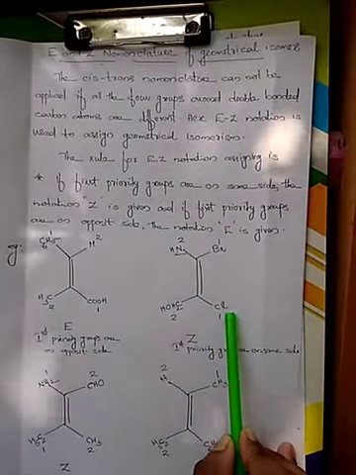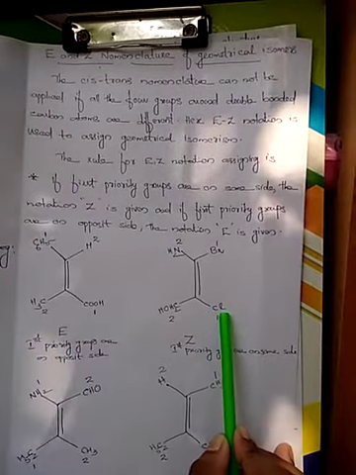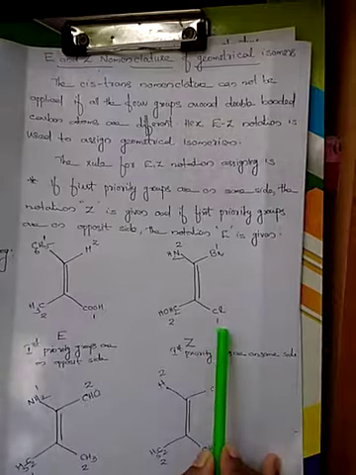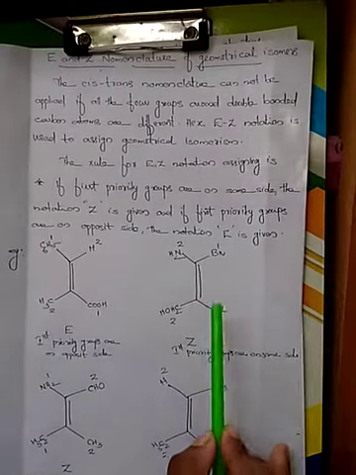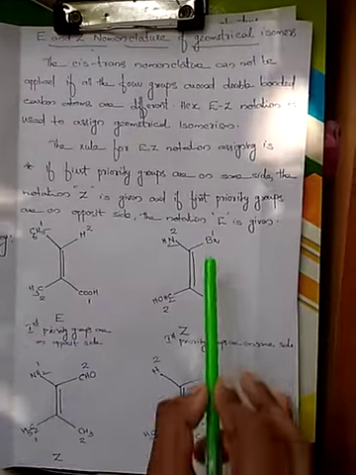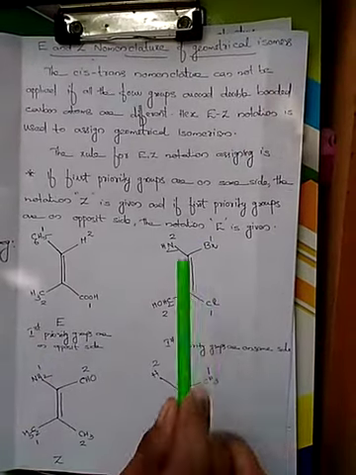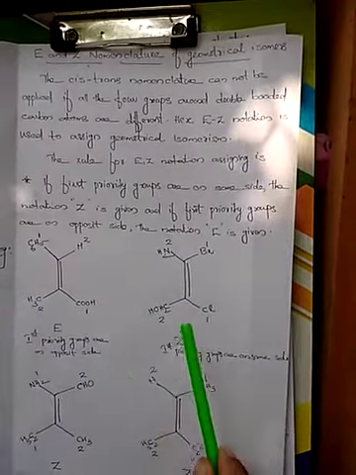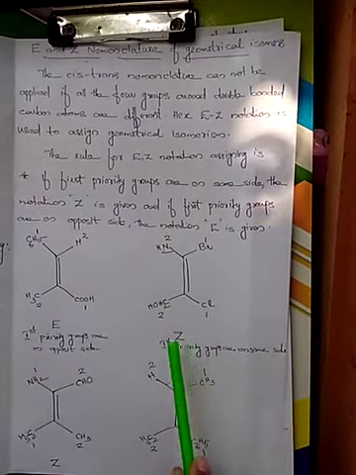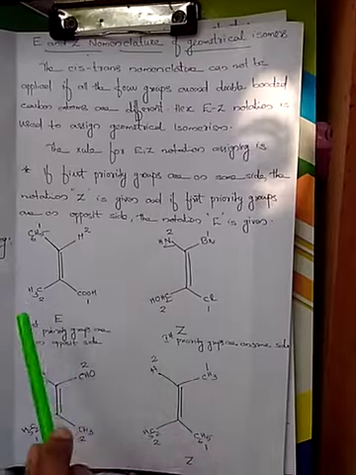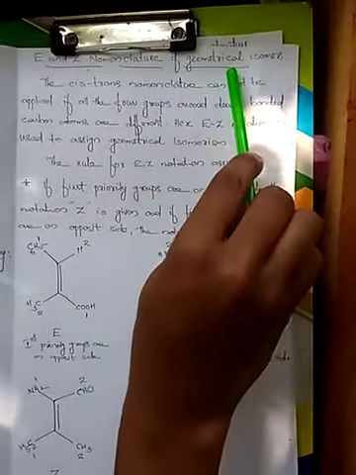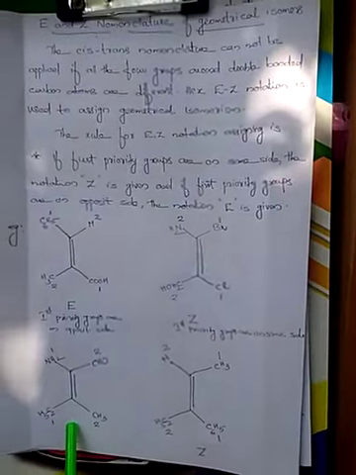Higher molecular weight is for chlorine. So first priority is given to chlorine and second one to CH2OH. So you look at 1, 1. The first priority groups are situated on the same side of the C=C double bond. 2, 2. So we give the Z notation to this. In this way we are assigning E and Z to geometrical isomers.